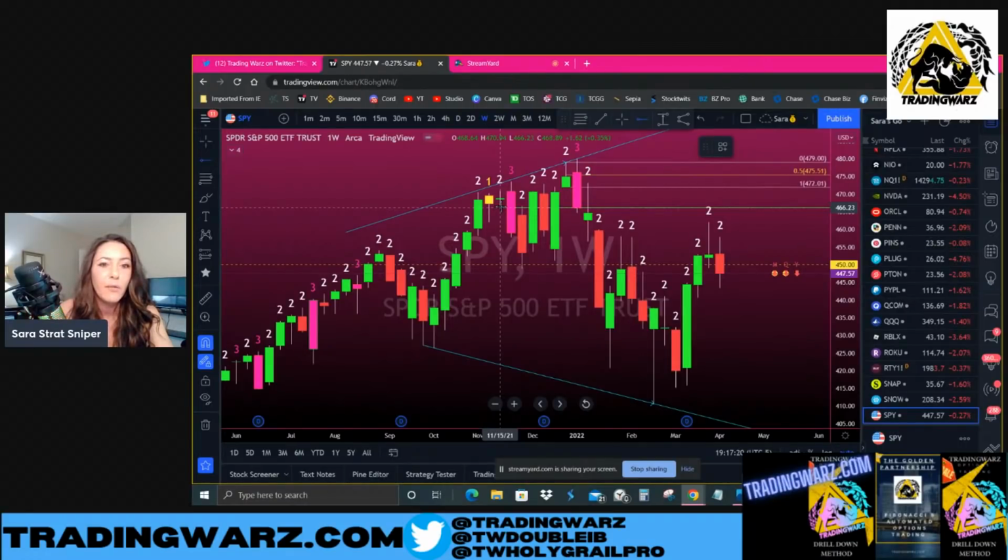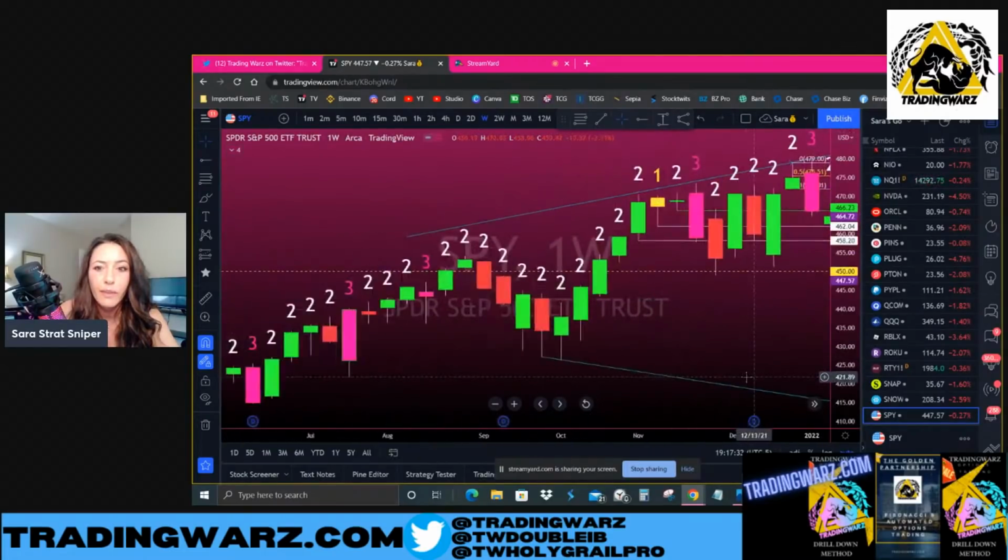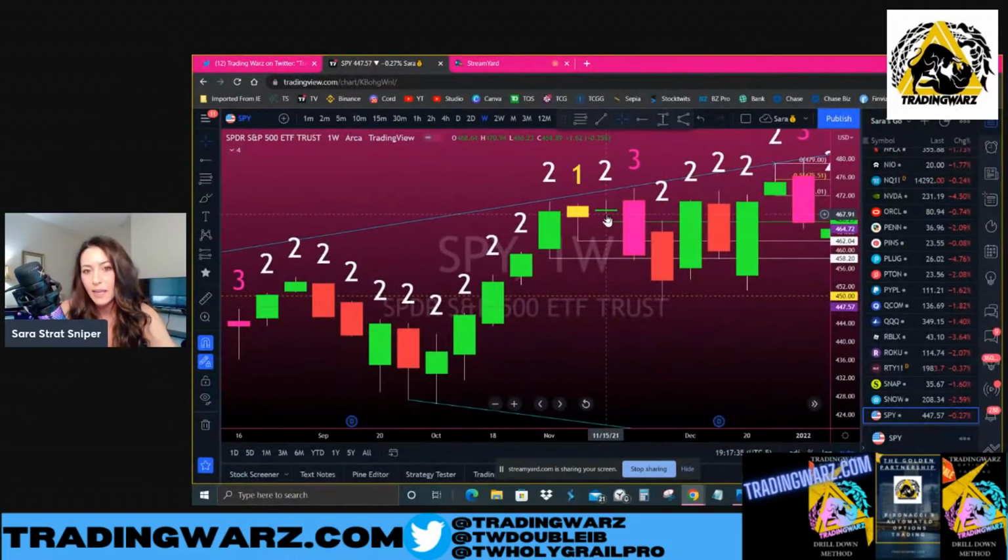But then if it keeps going, you can scale out, you can keep adding, you can get out and get back in just to lock in profit. And then your targets are just the bottom of each candle. And if you look real close, that hit target 1, target 2, target 3, and then you ran out of time on that week. So it did hit target 4, but it took the next week to do so.